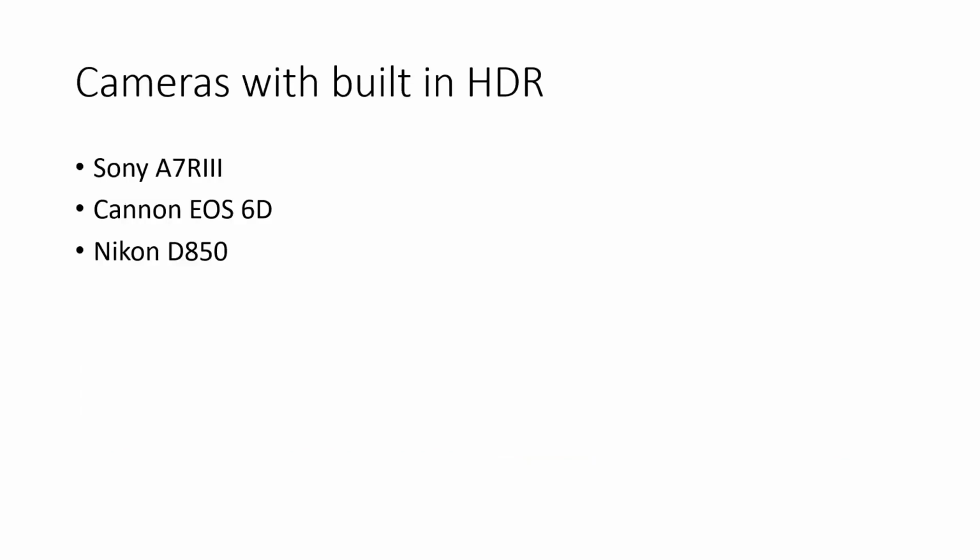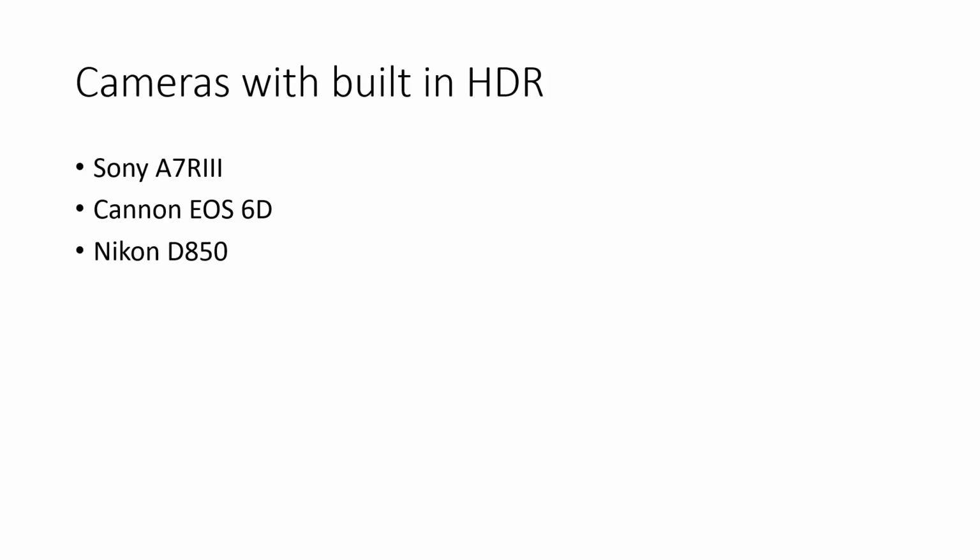Okay, I just did a quick look on Google. I know my camera, the Sony A7R III, has the built-in HDR, and there's one Canon, one Nikon. There's probably many more models that have it. And the T6i, I just looked it up, has it also.